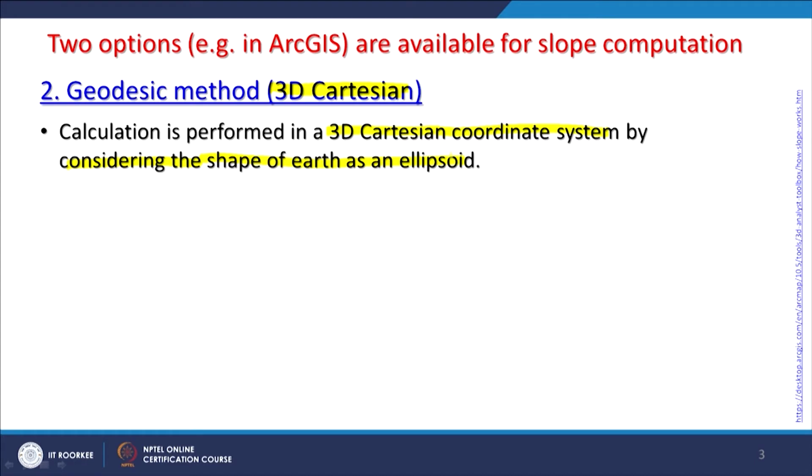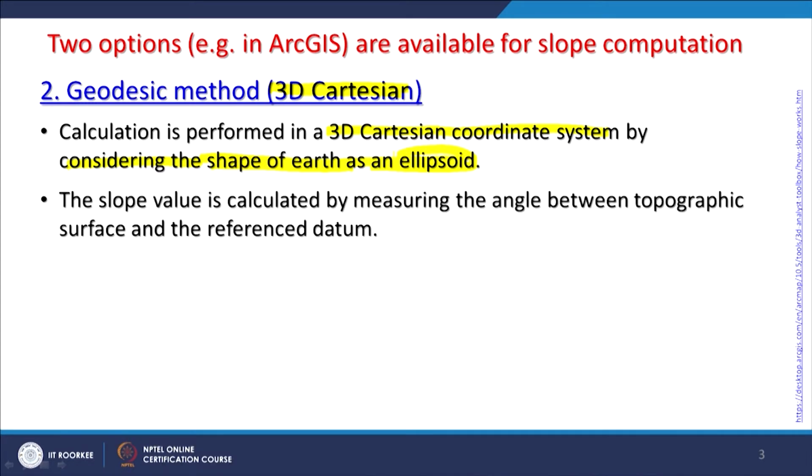And as I have said, if a lot of variation is not present in the values of my input digital elevation model, then no matter which option I go for, I may get almost identical results. But if variations are there or I am covering a large area, then the shape of the earth plays a very important role, and there I have to take care of this ellipsoid issue.